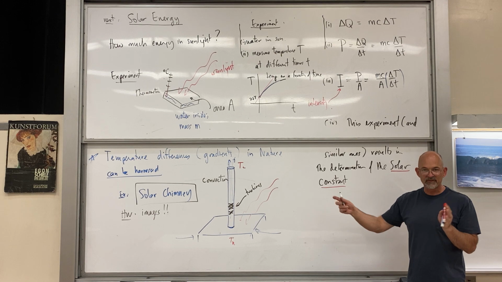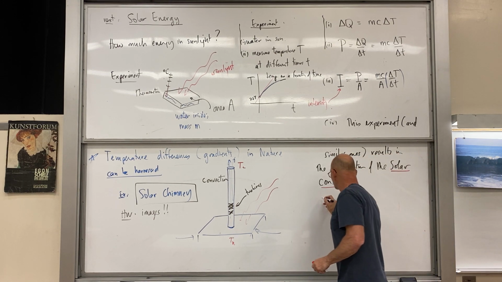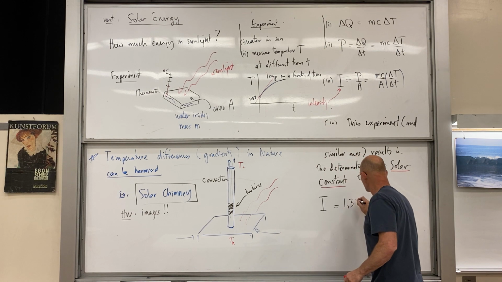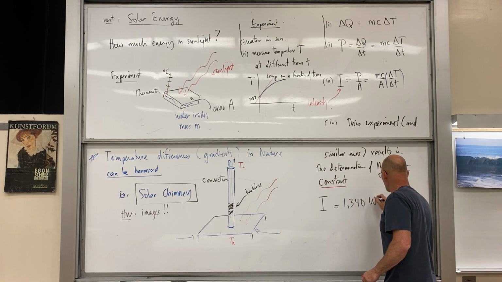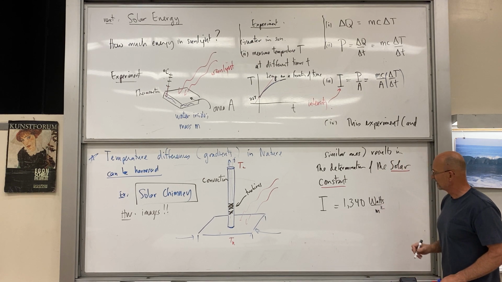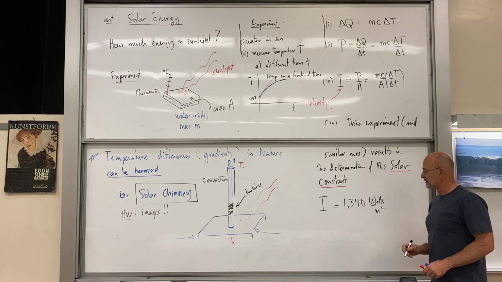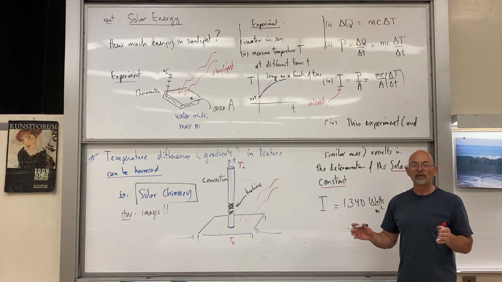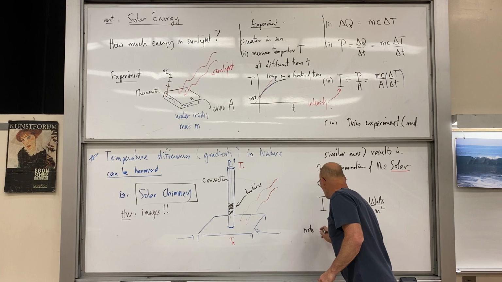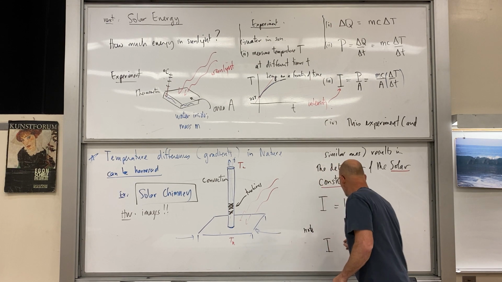Okay, you're just getting all of the sunlight. And that is I equals 1,340 watts per square meter. Okay. And for rough purposes down here at the surface of Earth, we can just use a nicely rounded 1,000.